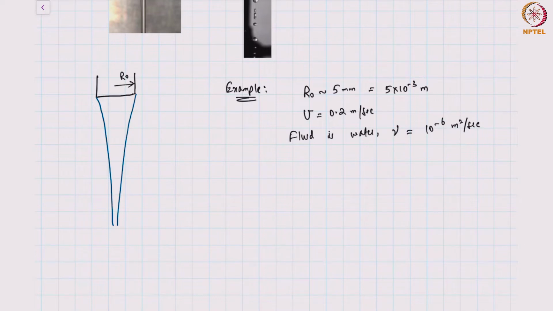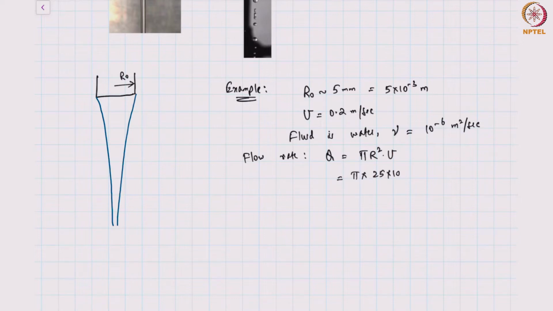Now let's first calculate the flow rate. Flow rate Q is pi r square, the cross-sectional area, times the velocity.